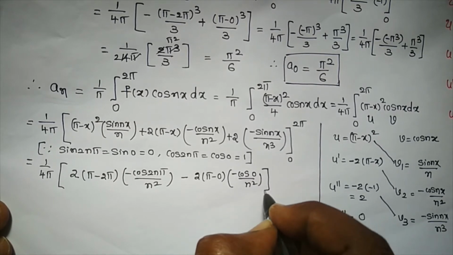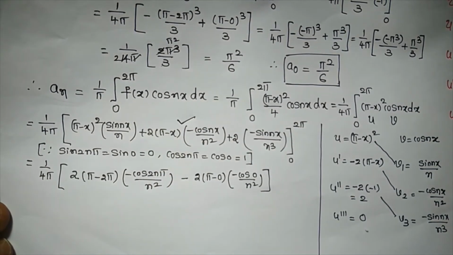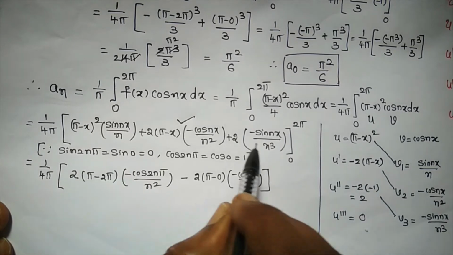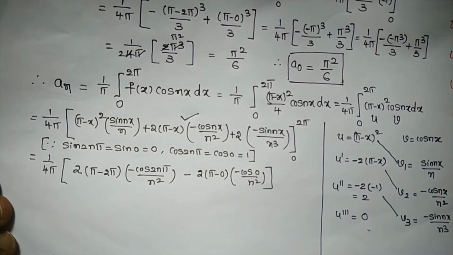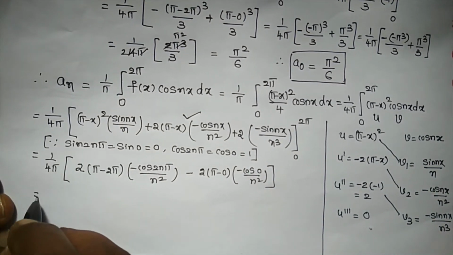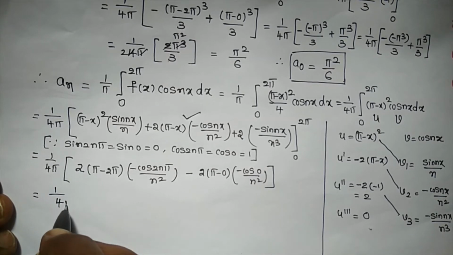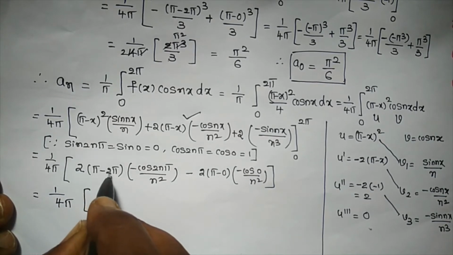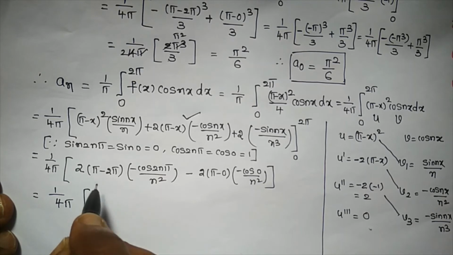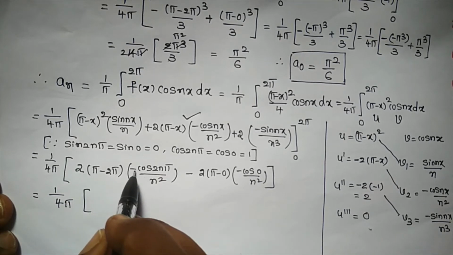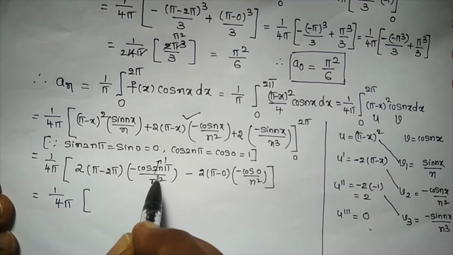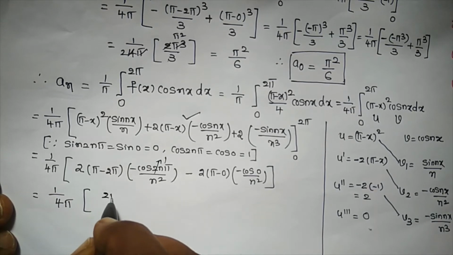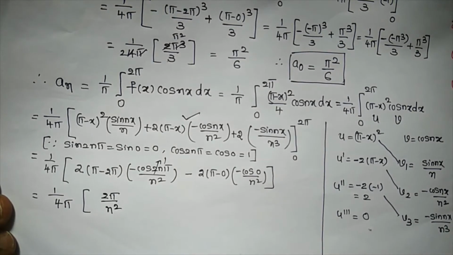This is the second limit, only taking the cos term. These two terms vanished, that means 0. So now the simplification is 1 by 4 pi into pi minus 2 pi minus pi, minus into minus plus. This is 1, this is 1. So this final is 2 pi by n square simplified.